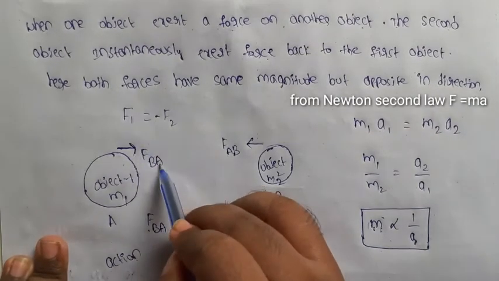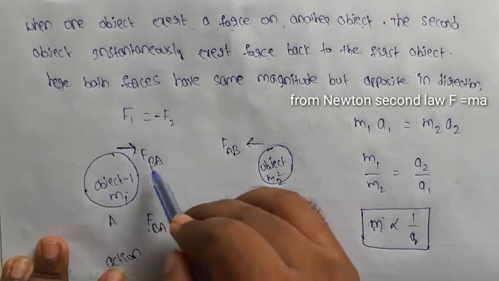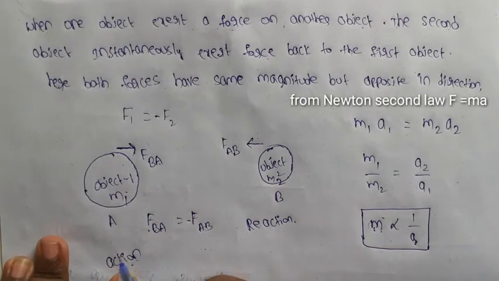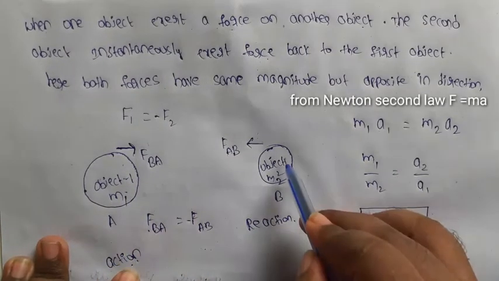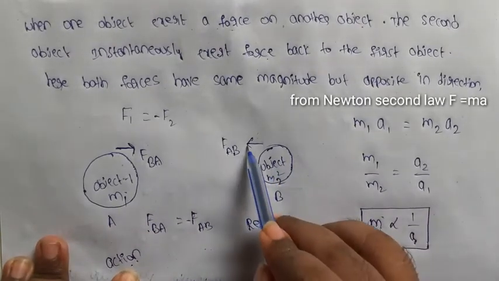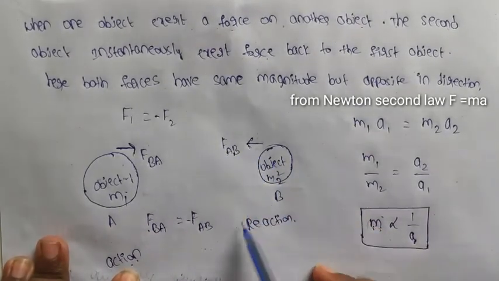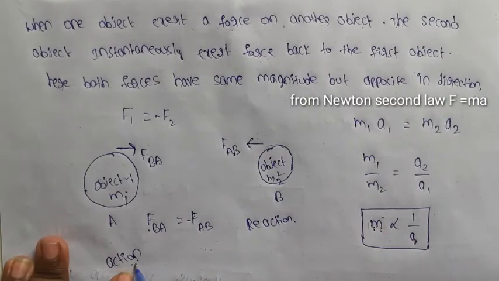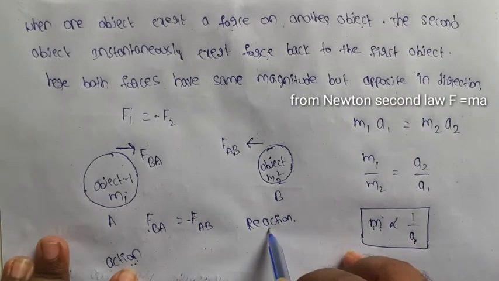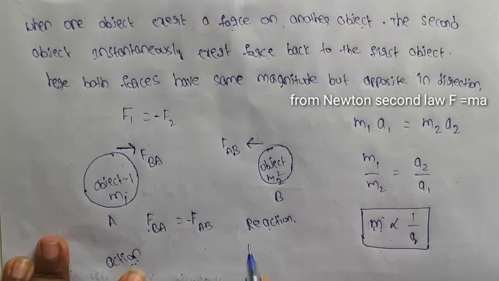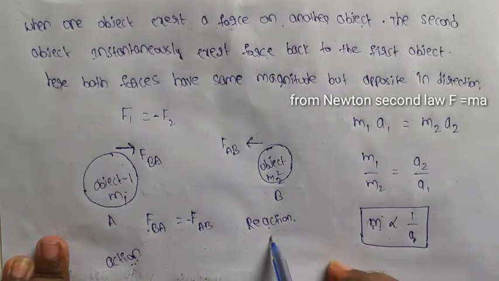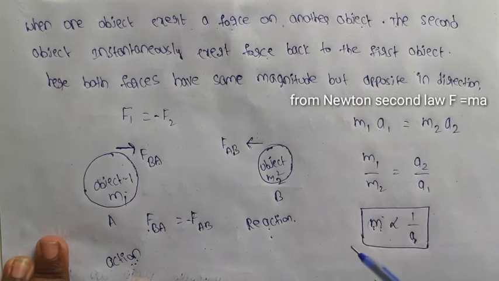You are applying an external force on this object, which is taken as the action. Due to this action, this body produces the force FAB, the reaction. Action and reaction are in opposite directions. Here action and reaction both act on different bodies, not on a single body.